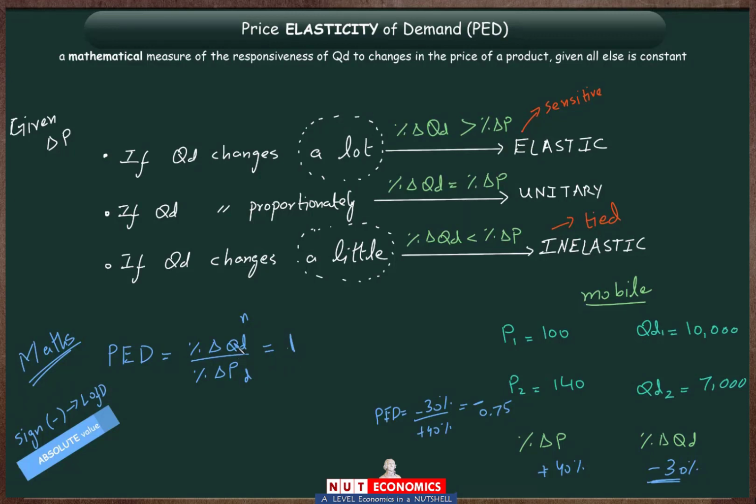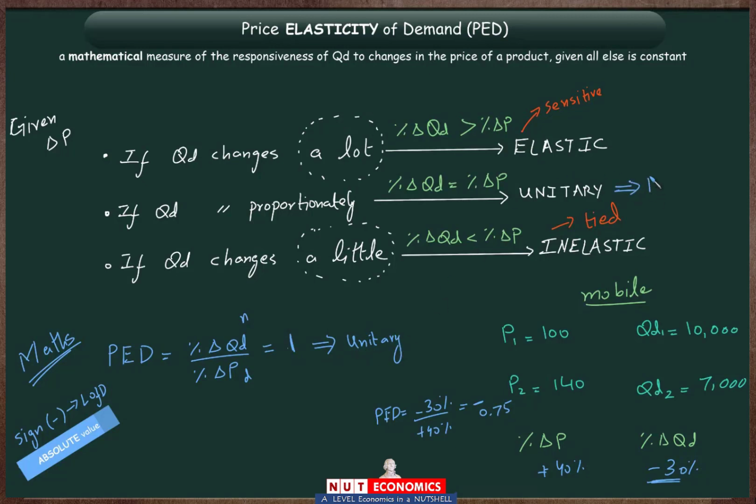Well, in this case, that means that the percentage change in quantity demanded is equal to the percentage change of price, and then you will get PED equal to 1, which we now know means the demand is said to be unitary elastic. So PED equal to 1, therefore remember, tells you demand is unitary elastic.